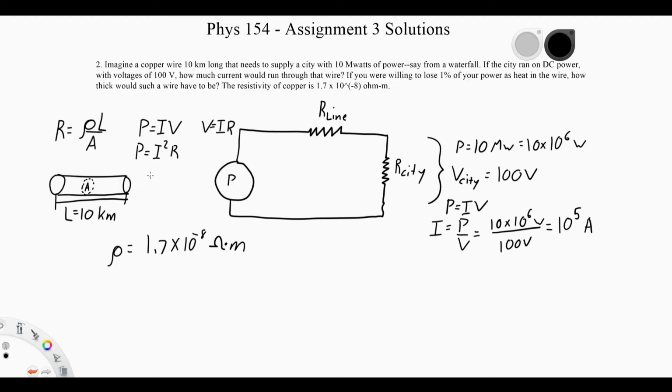So once we have this, we can use the current we found in the first part, 10 to the 5 amps, and the power, knowing that we only dissipate 1% of the original power, and we can use that to find the resistance. Right? So I'm actually going to move this down here. So if we have P is equal to I squared R, we divide both sides by I squared to get ourselves R is equal to P over I squared.